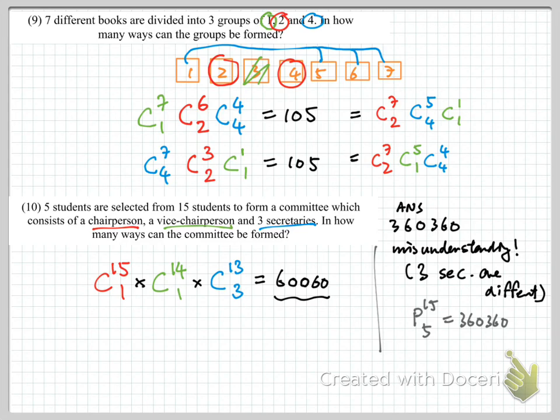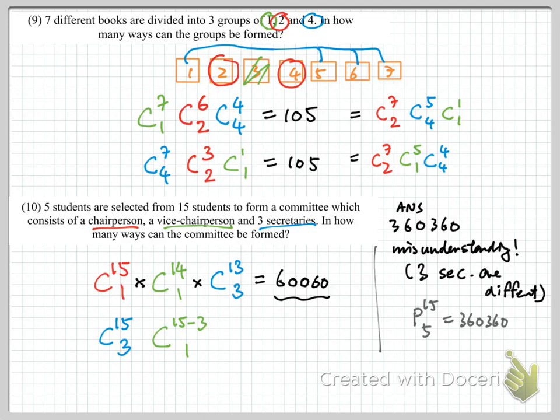And then, like question 9, this red, green, blue ordering, you can change them. Say you choose the 3 secretaries first. Then you have 15C3 ways to choose the 3 secretaries. And then you choose the vice chairperson. Now, because 3 of them are already taken, you have only 12 persons to be selected as the vice chairperson.